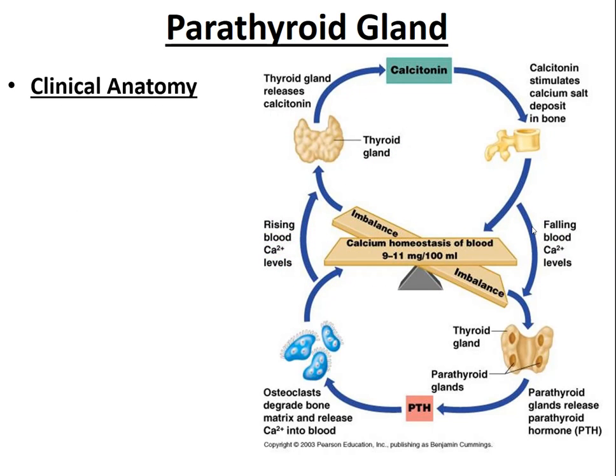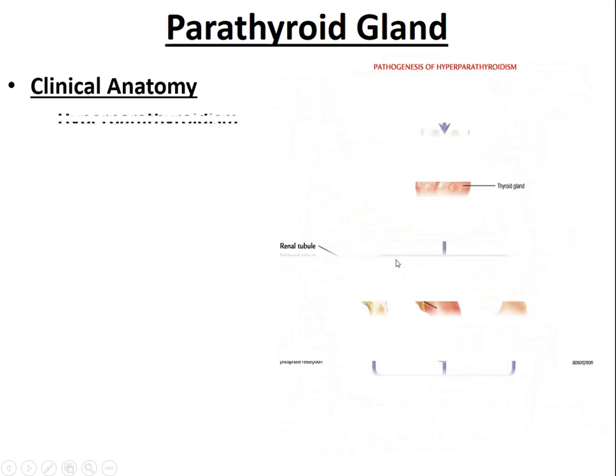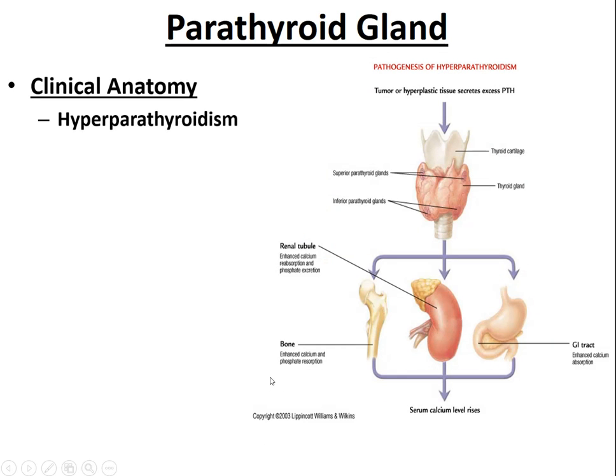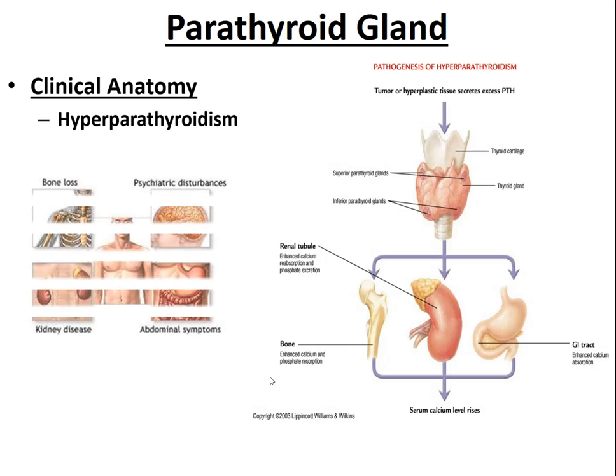So we know that the parathyroid gland maintains the blood calcium level, and so if there is hyperparathyroidism, meaning more parathormone, there is more bone resorption, so the bone is fragile and liable to fracture easily.